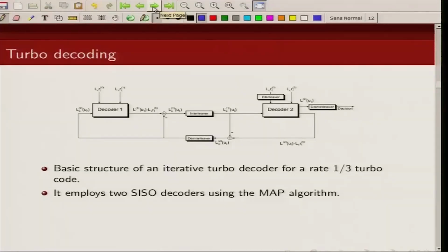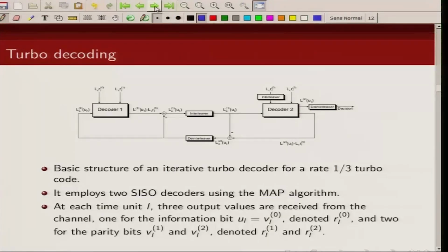We have already explained that there are two decoders and each of them is using the MAP algorithm, this BCJR algorithm that we talked about. There are 3 inputs received from the channel. One, this R_L0, corresponds to the information bit, R_L1 corresponds to the parity bit corresponding to encoder 1, and R_L2 the parity bit corresponding to encoder 2.